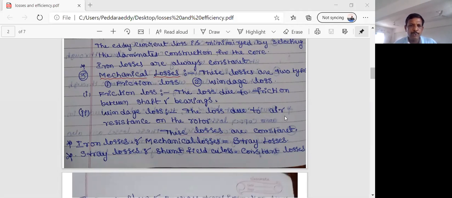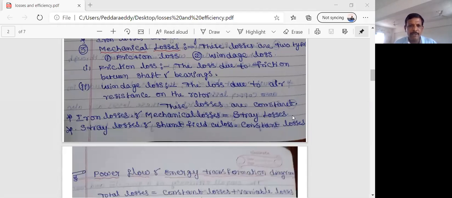So air also opposes the rotation of the armature. This opposition, or this friction, is called windage loss. These losses are constant, just like iron losses. Mechanical losses are also constant losses.